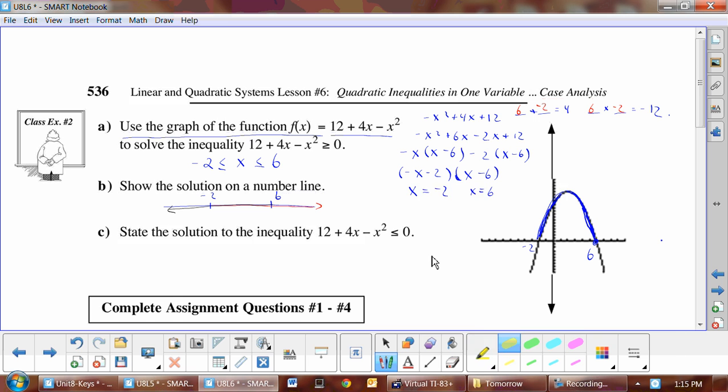And then the overlap is our solution set. Yes, exactly. So on a number line, because it's equal to, we would be looking for filled in circles like that.